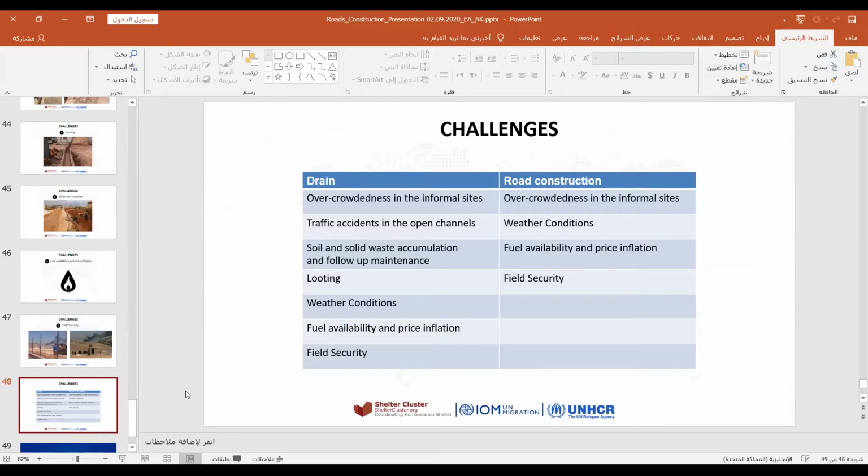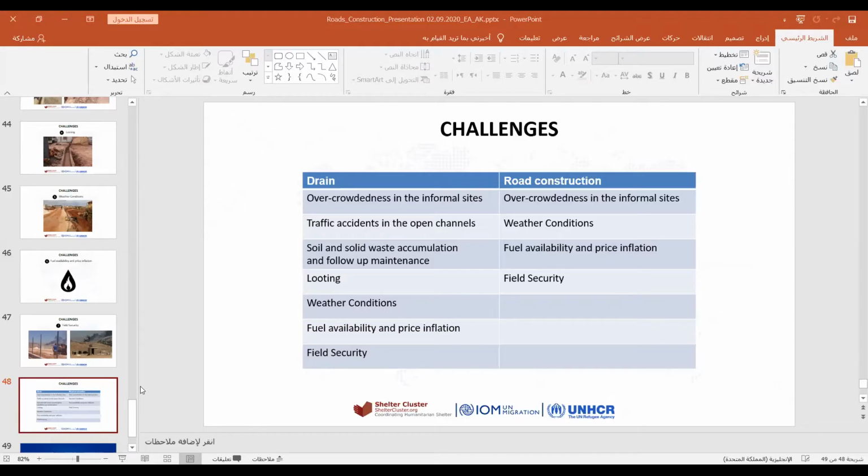We have a question regarding the challenges. There is a challenge that you haven't mentioned: when you have a project budget which is not in line with what you are mentioning.